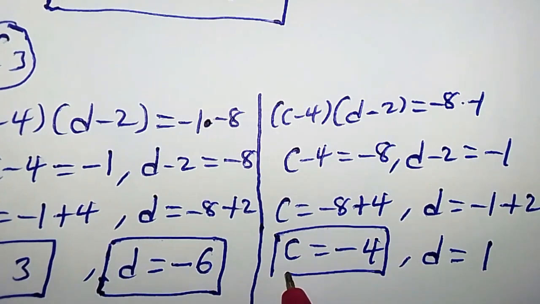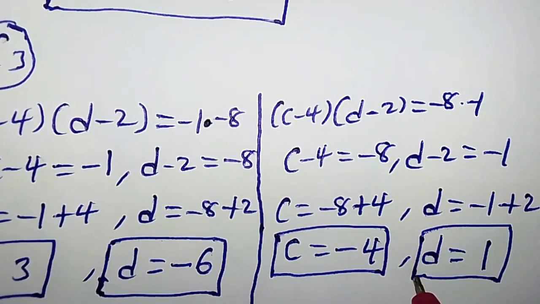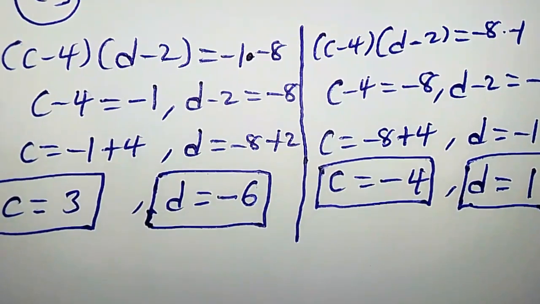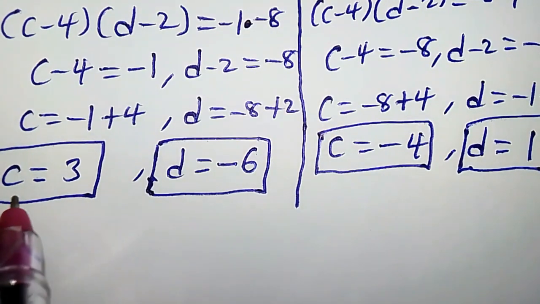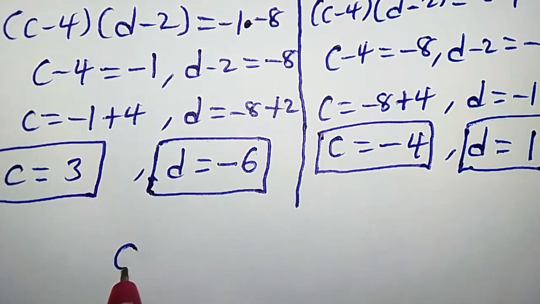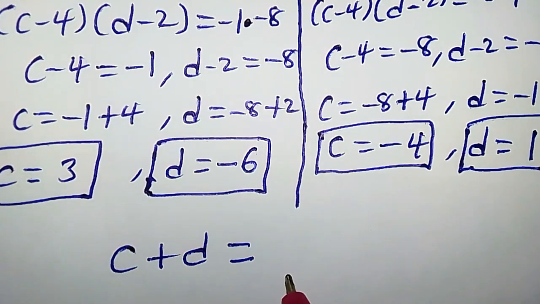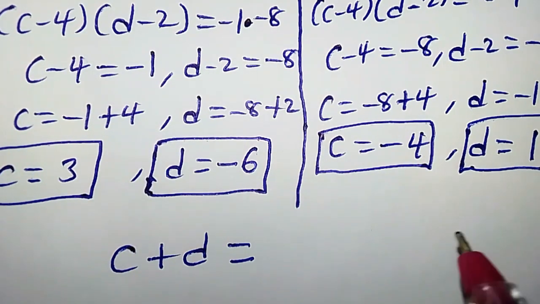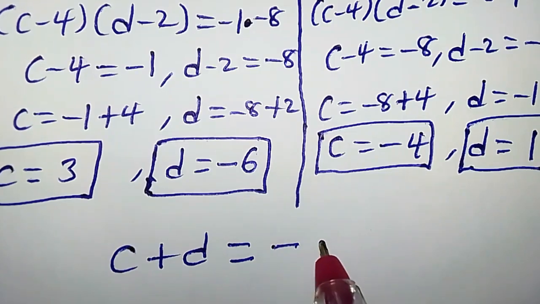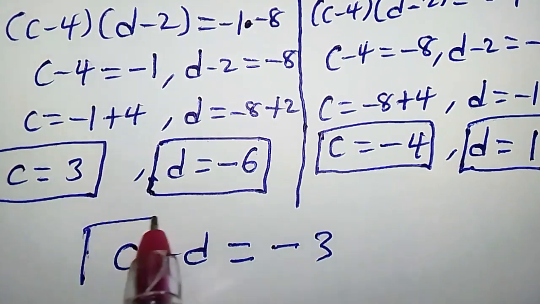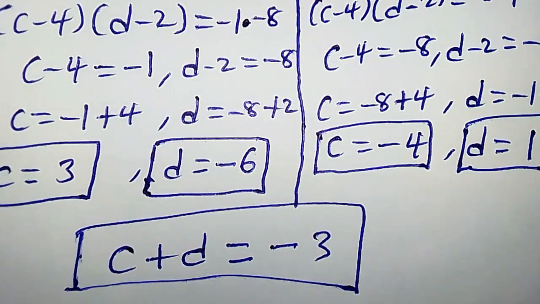This is the value of C, and this is the value of D. You will see that if we add the value of C and D, that is C plus D is equal to 3 minus 6, that is negative 3, minus 4 plus 1, that is also negative 3. So C plus D is equal to minus 3 for this case 3.